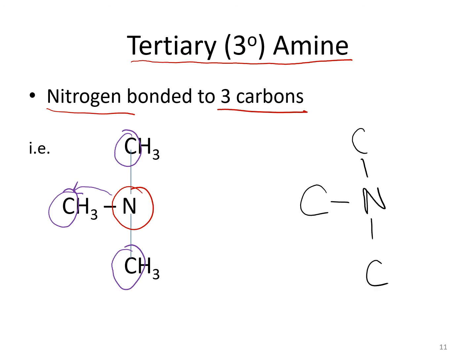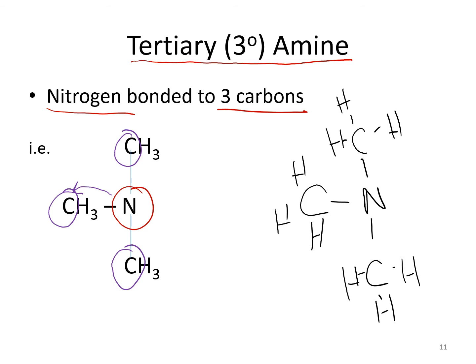Because the one at the top and the bottom, it's pretty straightforward to see. But sometimes when you're doing condensed structural formulas, it's hard to determine what it's actually bonded to. So when I draw out the full structural formula, I can see this bond between carbon and nitrogen here. And I can see all 3 of them, that it's attached to 3.